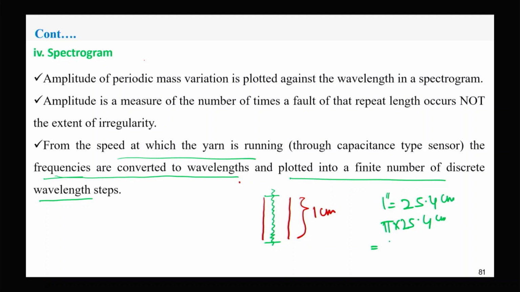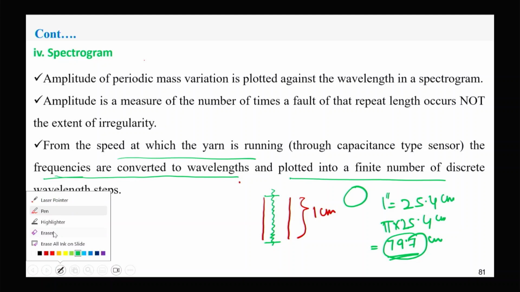This is 79.7. So that is the minimum wavelength due to an eccentric front roller. So a 1 millimeter wavelength is not possible.